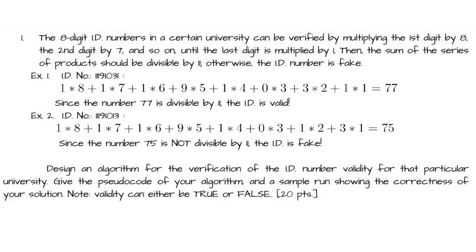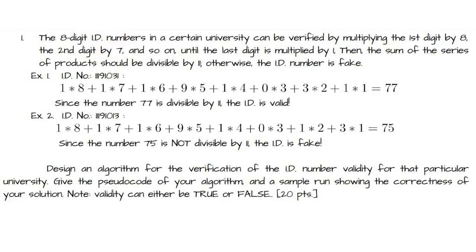For example, if you have 11191031 as the ID number, then if you are going to multiply the digits by 8, 7, and so on, as exemplified here, you will get a sum of 77.